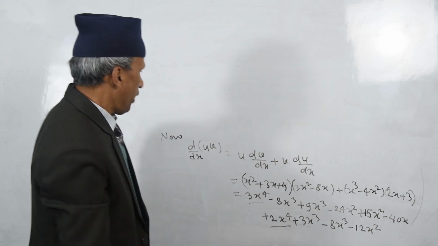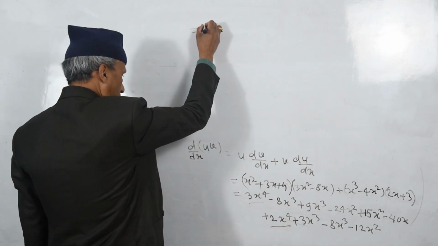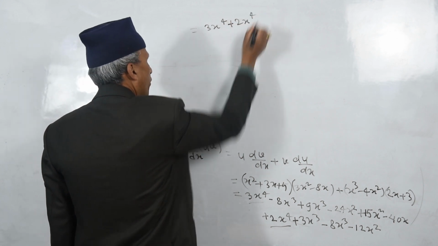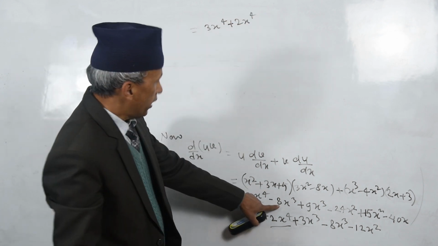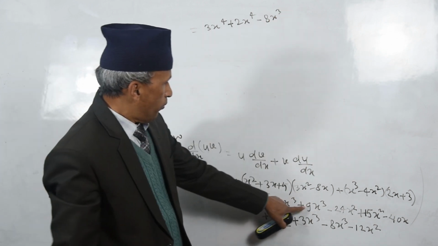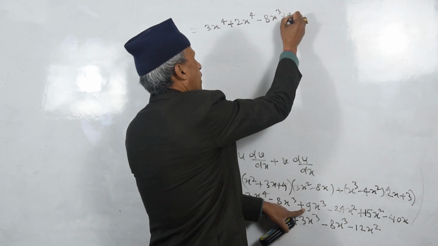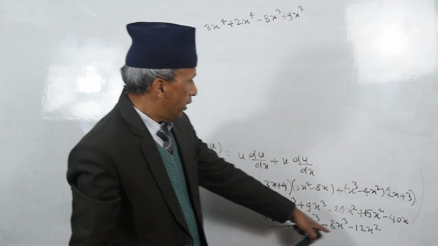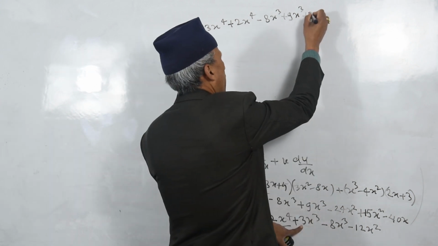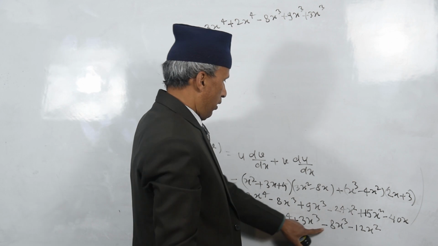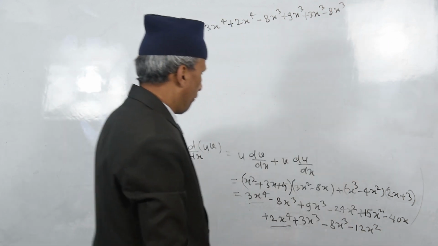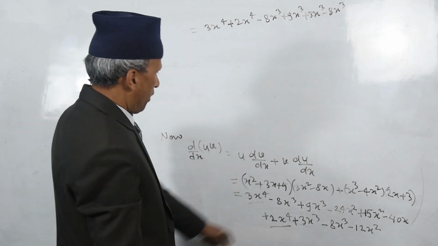I think these two only. 3x to the power 4 plus 2x to the power 4. Next, minus 8x cubed plus 9x cubed, then 3x cubed minus 8x cubed. These are similar, then subtract.